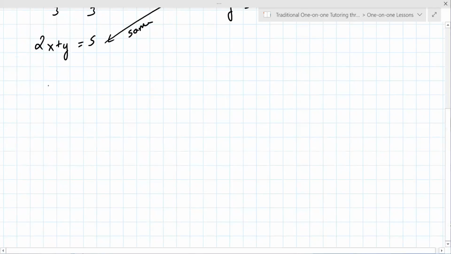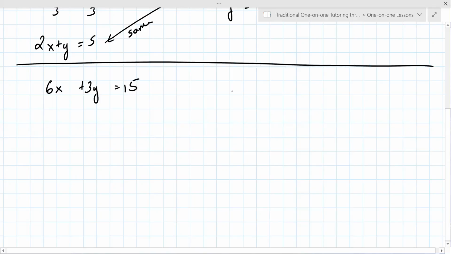So let's just say you were asked to graph 6x plus 3y equals 15. There's two things you do. The first is you set x equal to 0. When you set x equal to 0, what this means is you basically cover up the x term.